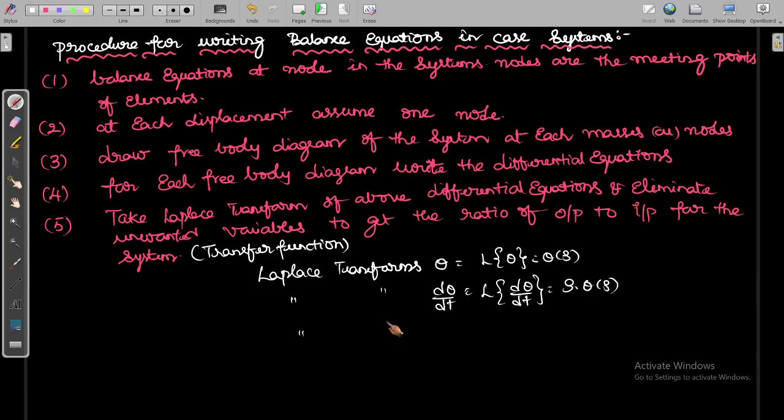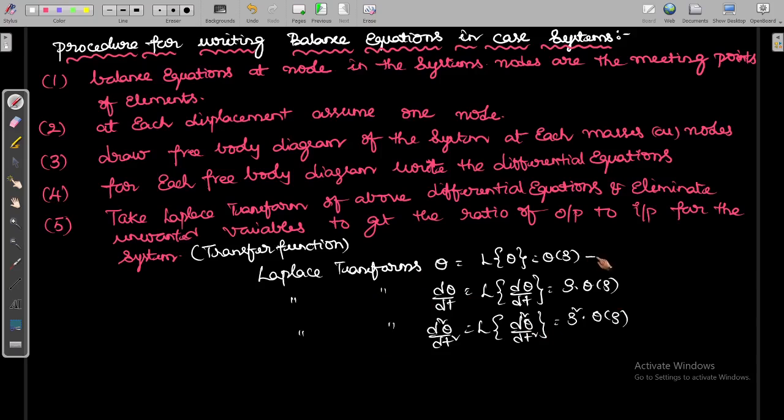The Laplace transform of d square theta by dt square is s square into theta of s. These are the Laplace transforms used in the rotational system.